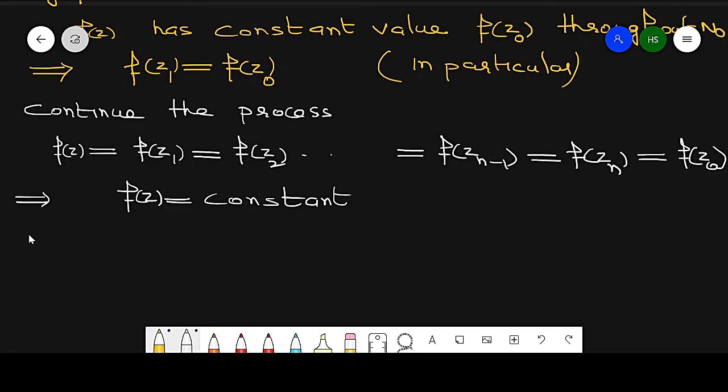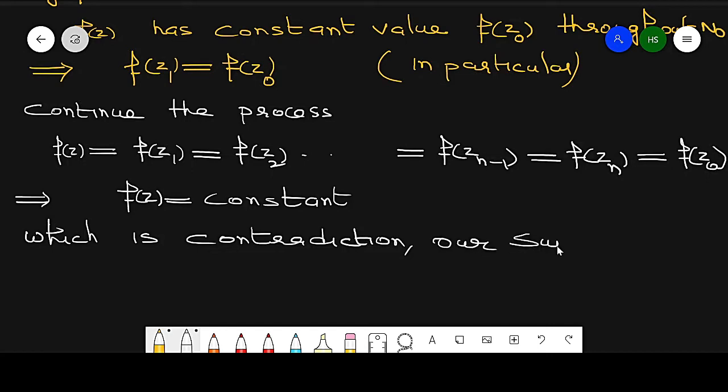So this is a contradiction, hence our supposition is wrong. What did we assume?